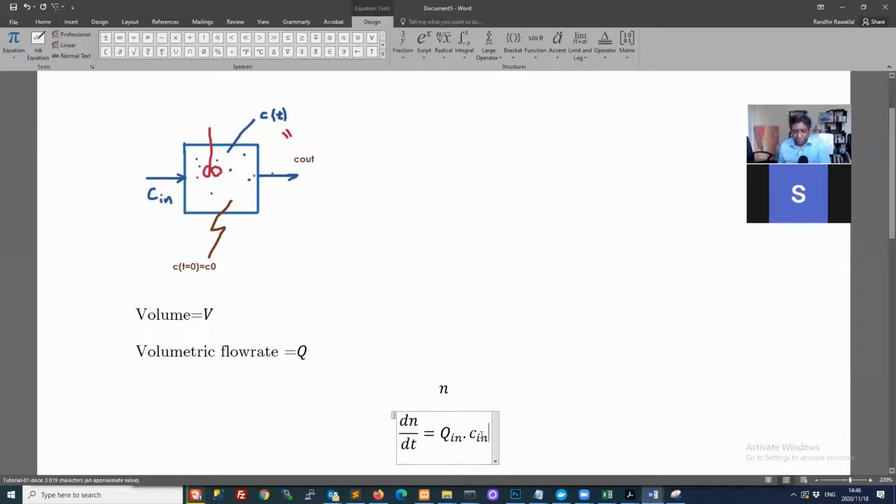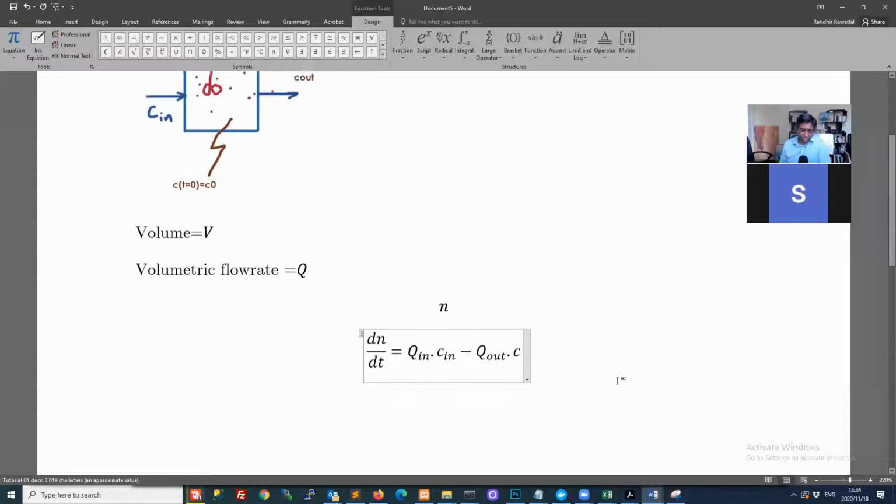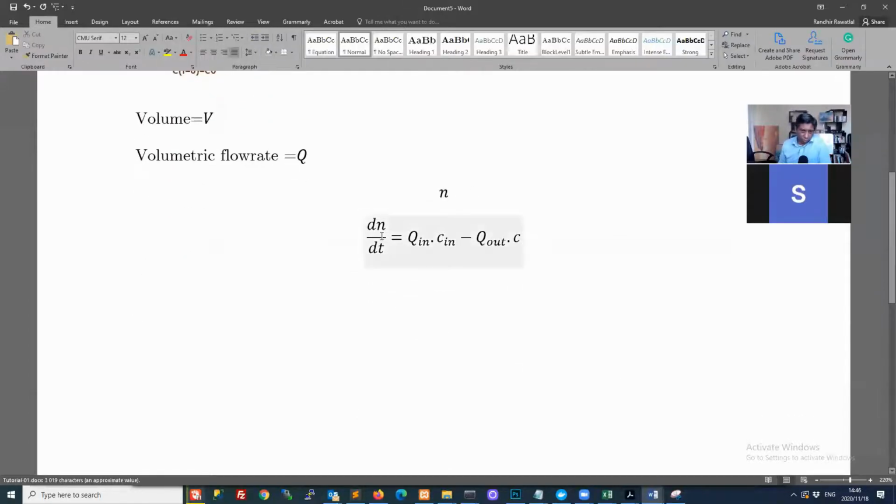You agree this is the molar flow rate into the space, and the exit flow rate is Q out times C, where C is the concentration. We can say C out, but we know C out equals C, the concentration in the reactor. And the number of moles in the reactor will be the concentration in the reactor multiplied by the volume of the reactor.